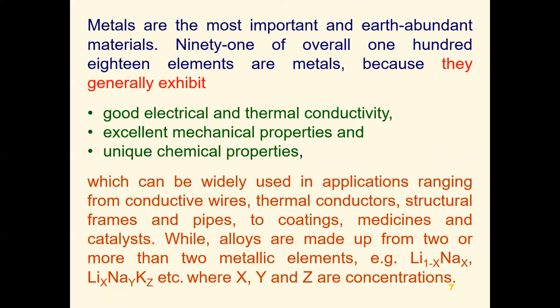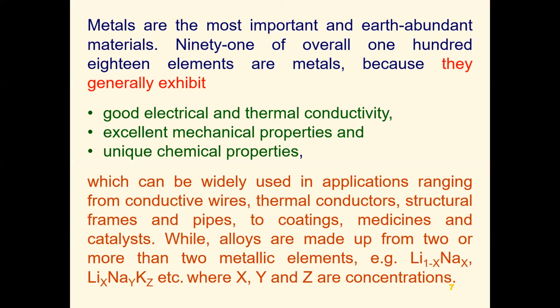Alloys are made up of two or more metallic components. For example, if we construct the alloy LiNa, then it is the combination of the two elements Li and Na. Similarly, you can construct ternary, quaternary, and hexanary alloys.